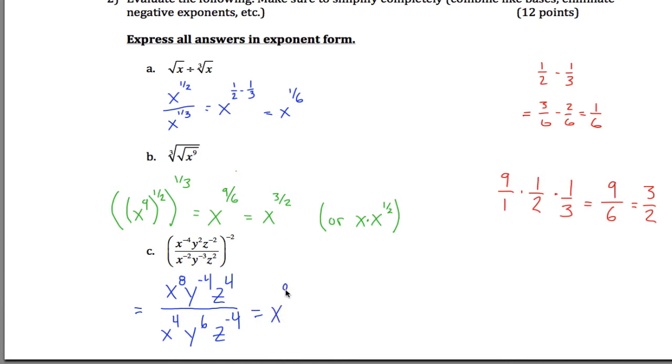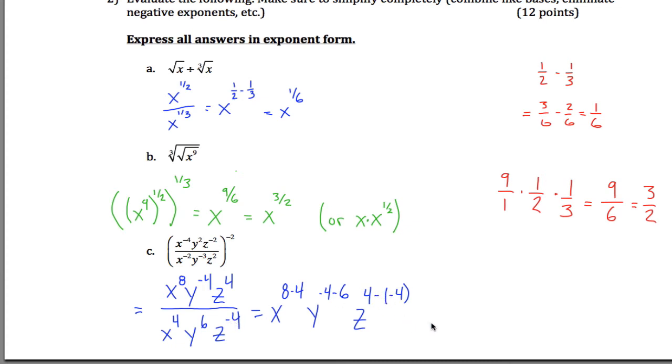So I got x to the 8 minus 4. Y's, I got a y to the -4th on the top minus the y to the 6th that I have on the bottom. And for z's, I got a z to the 4th on the top. And from that, I want to subtract, be careful here, I want to subtract a -4. It's really tempting to just put -4. It's not.